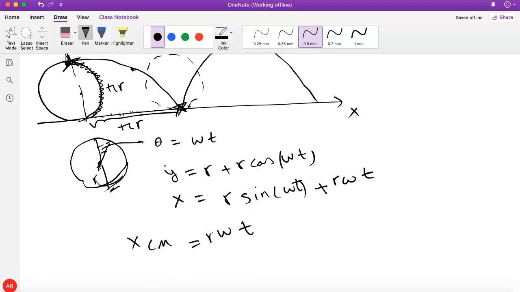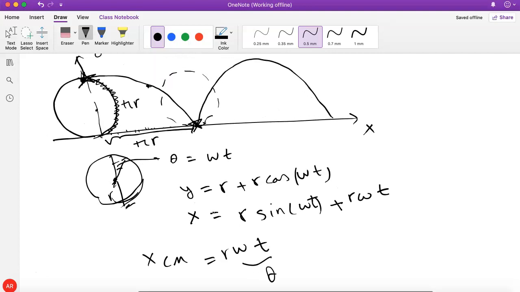So if you've rotated by some angle pi, and the point that was all the way up comes all the way down, how much you've moved is just r times the angle.